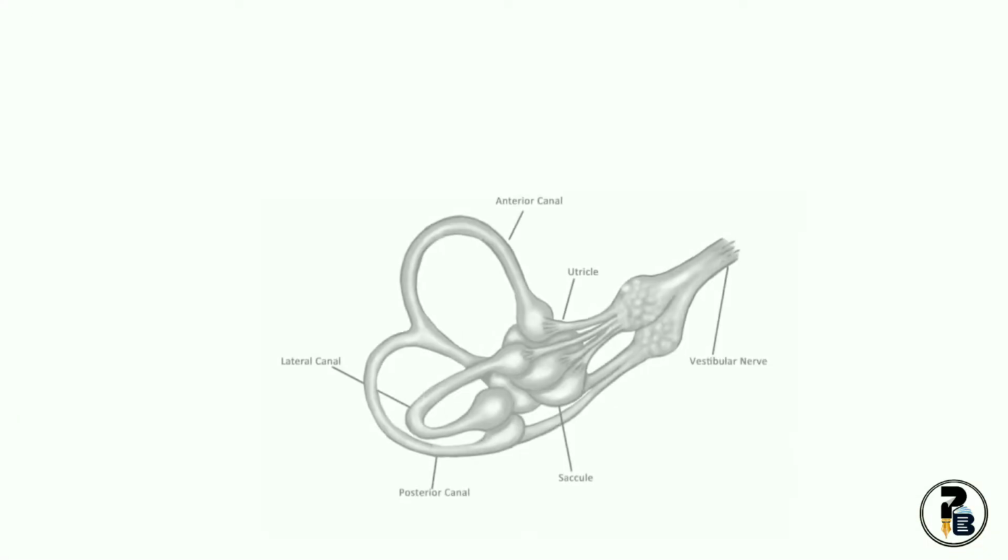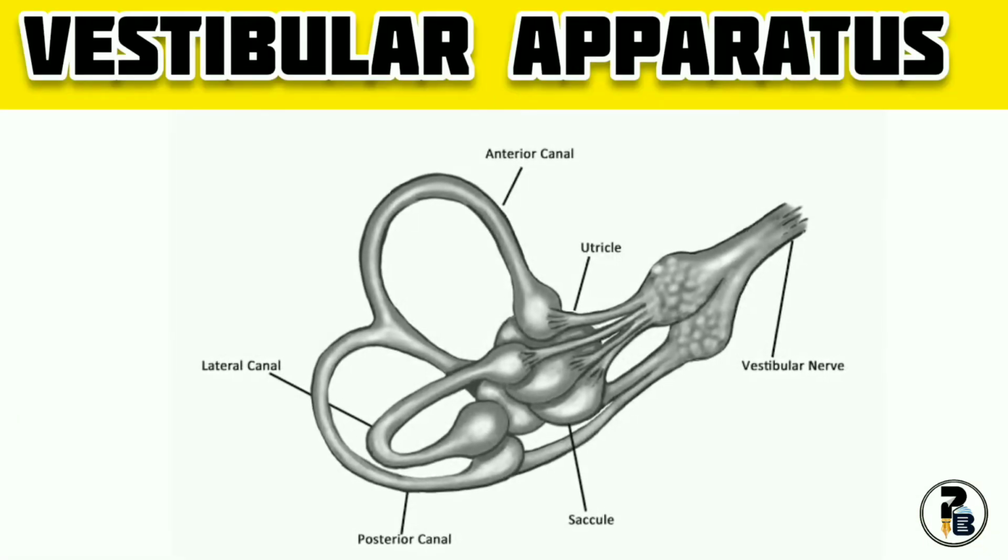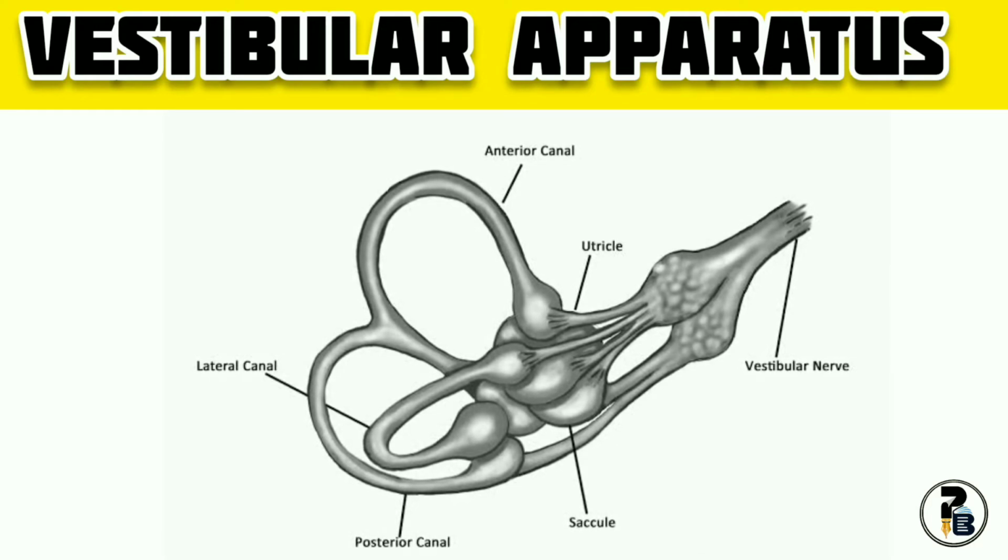The inner ear also contains a complex system called the vestibular apparatus located above the cochlea. The vestibular apparatus is composed of three semicircular canals and the otolith organ. Each semicircular canal lies in a different plane at right angles to the others. The membranous canals are suspended in the perilymph of the bony canals.